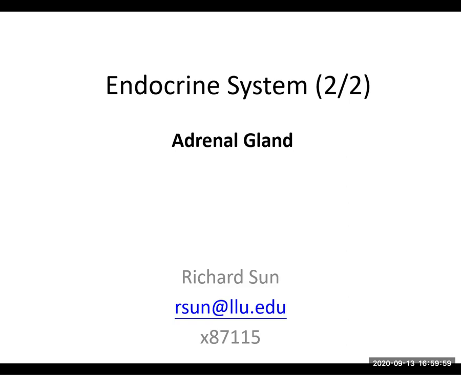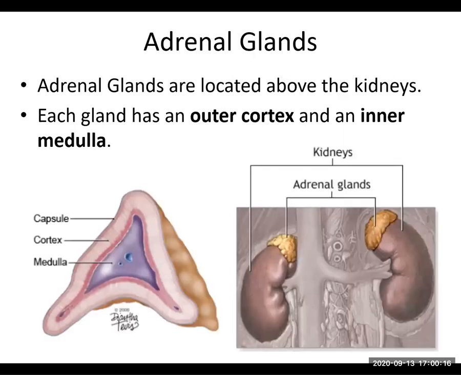Hey, guys. All right. So this is about the endocrine system, part 2. We will continue our endocrine system by talking about the adrenal gland. So here is the adrenal gland. We have two of these glands.